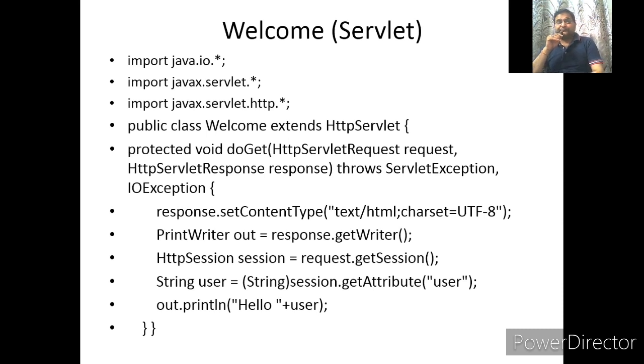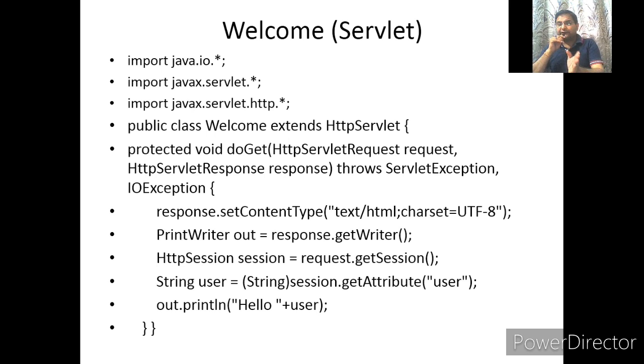In this case we are writing a PrintWriter object, and the session object will request all the values which are stored in the session. So once the session variable receives inputs, we can retrieve the stored values with the help of the getAttribute method.